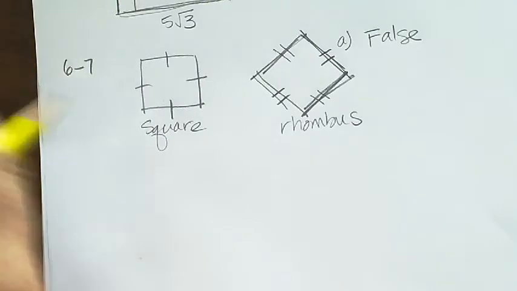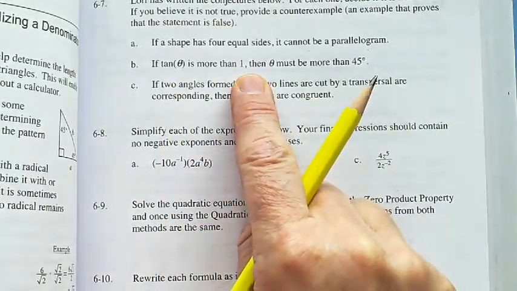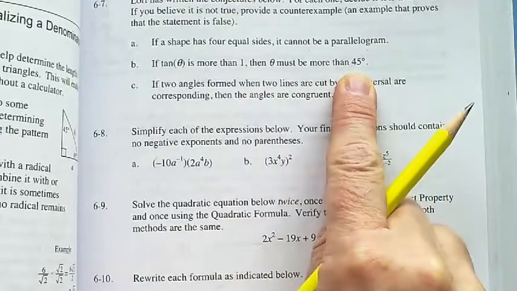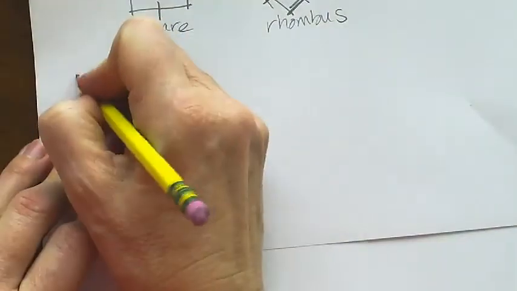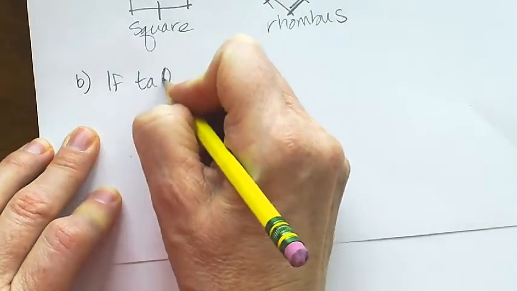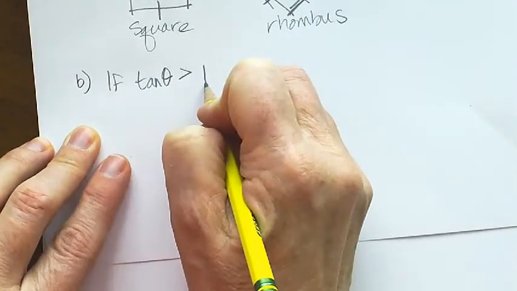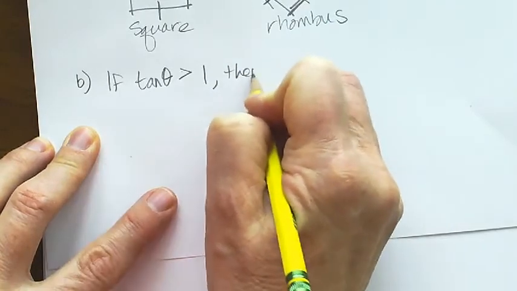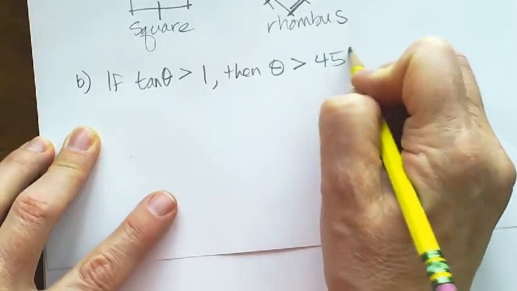Part B, if the tangent of theta is more than 1, then theta must be more than 45. Okay, so let's think about this. Remember, if the tangent of theta is greater than 1, then theta must be more than 45 degrees.